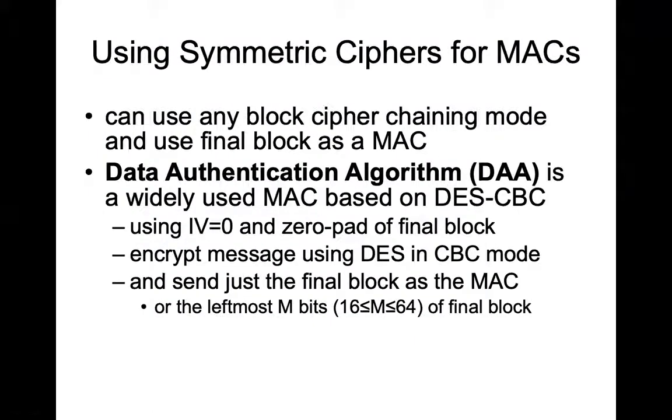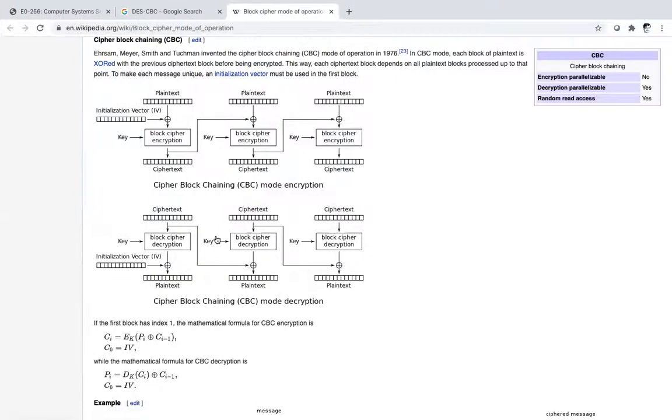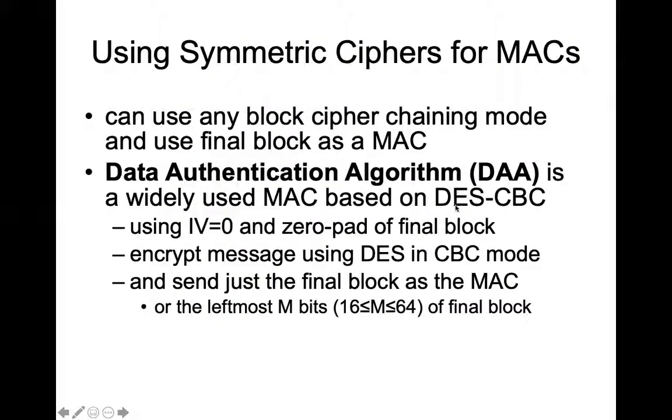So generally speaking, for DES, another popular algorithm just like AES, you use an initialization vector, this thing over here, of all zero, and then any message that is not a multiple of the block size, you zero pad it. You pad it with zero so that it's a multiple of the block size, and you encrypt it using the DES algorithm in CBC mode.